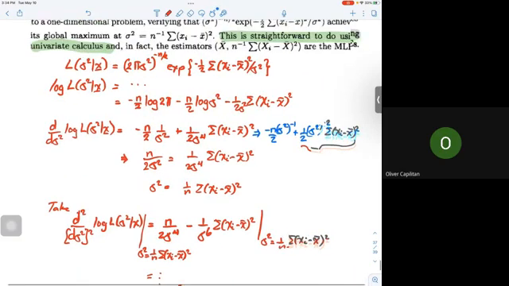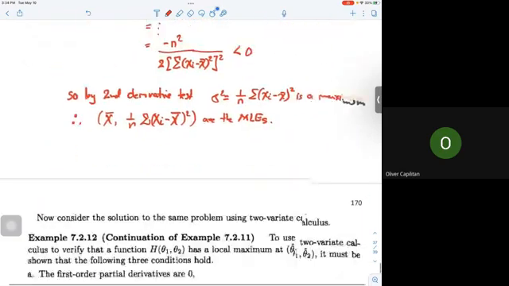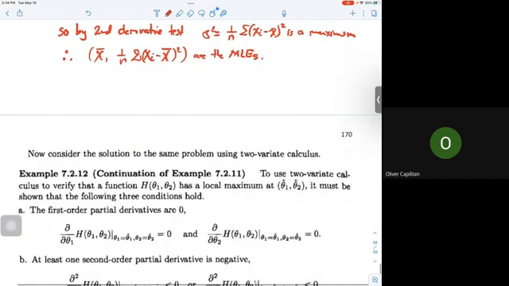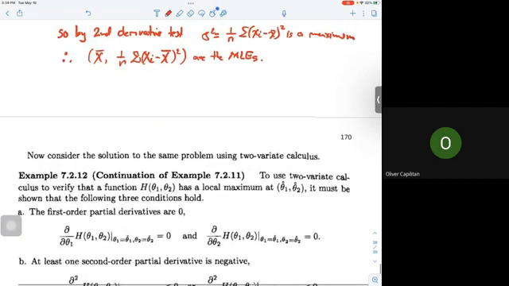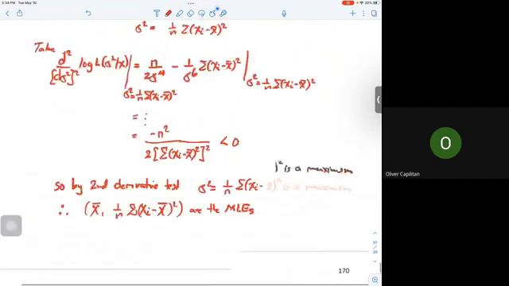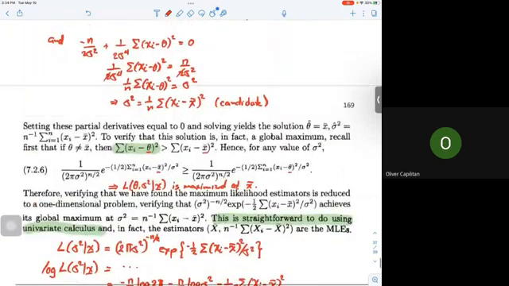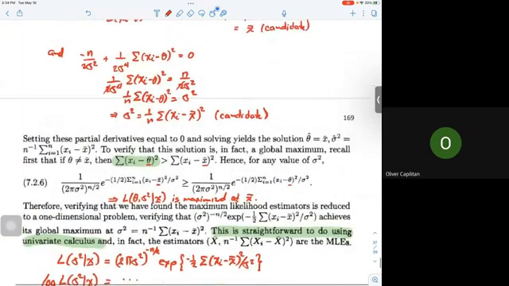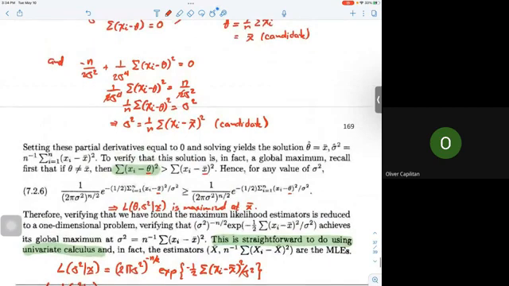Etong dito na part, kasi dito sa last example natin, apply natin yung calculus na part. Nalaman natin na the likelihood function is being maximized at this sample mean x bar.